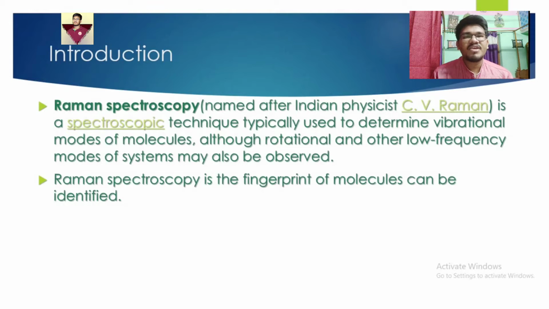That means every human being has different fingerprints associated with us, right? Similarly, every molecule or substance has a particular fingerprint or special property, and Raman spectroscopy is the kind of tool that can extract the fingerprint of that molecule, so we can identify what the molecule is from this technique. So this is a quite brief introduction.